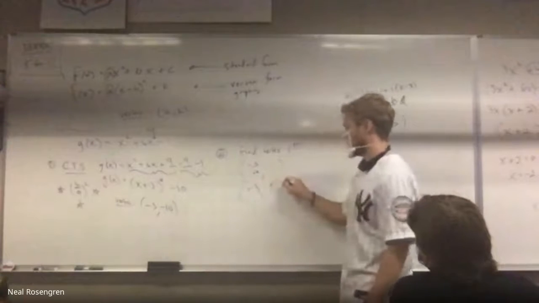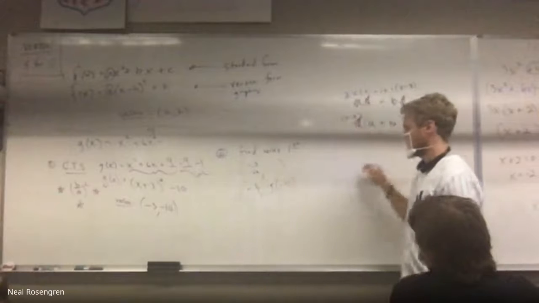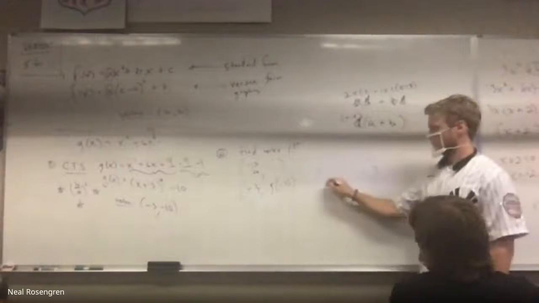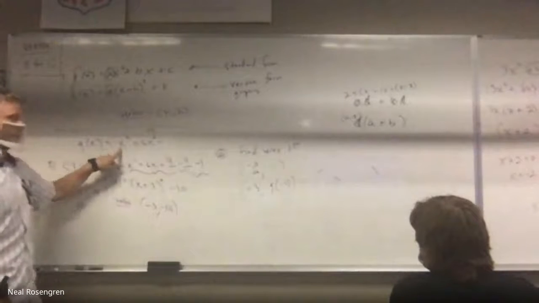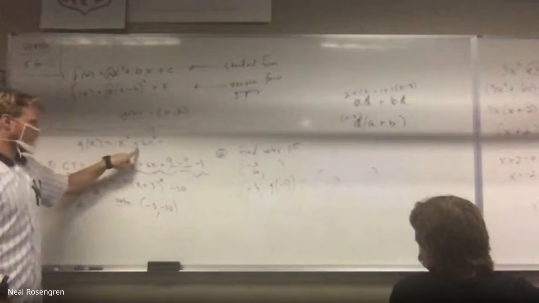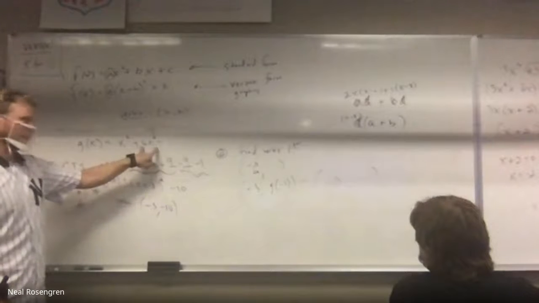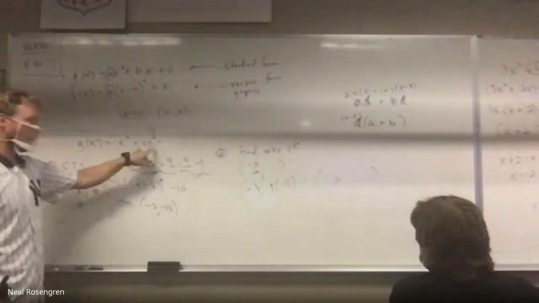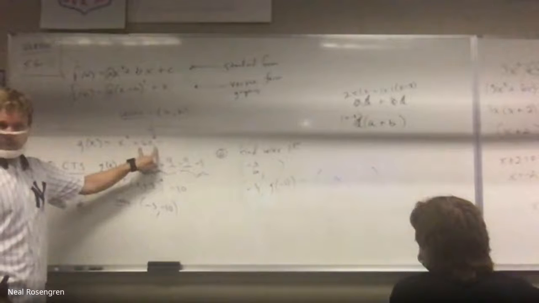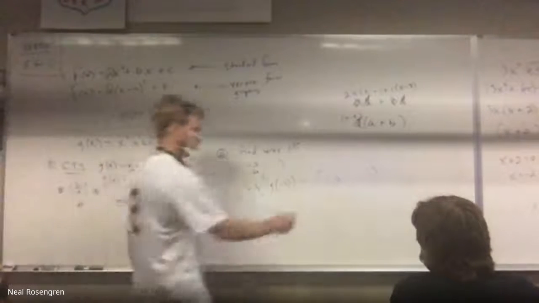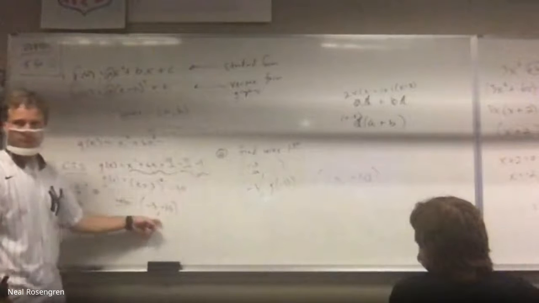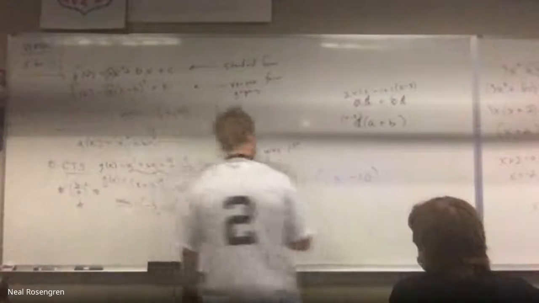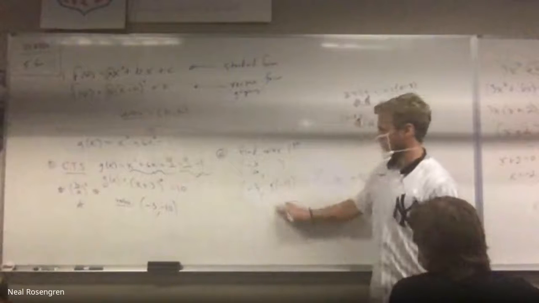Whatever g of negative 3 is, should be my vertex. So negative 3, comma, all right, negative 3 squared is 9, plus negative 18, so 9 minus 18 is negative 9, minus 1, negative 10.